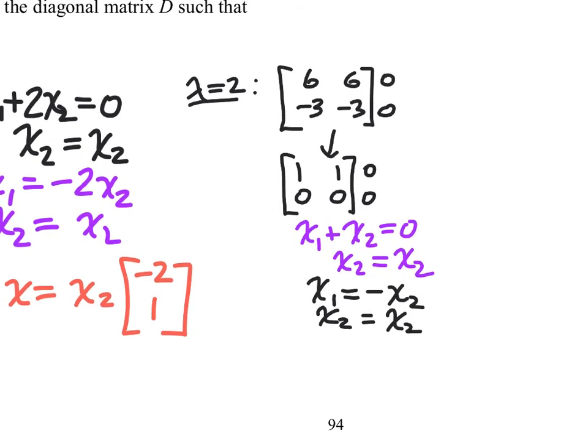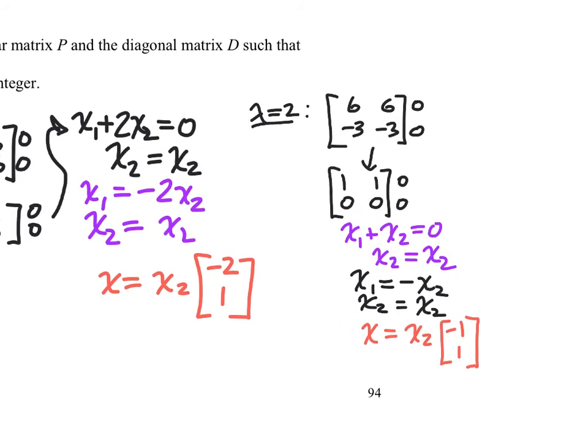And so we're looking at the eigenvector x2 times (-1, 1). Again, we just want the bases of these eigenvectors. The fact that you can multiply each one of these eigenvectors by any scalar multiple is immaterial, because I want the basis, which is just the vectors themselves.